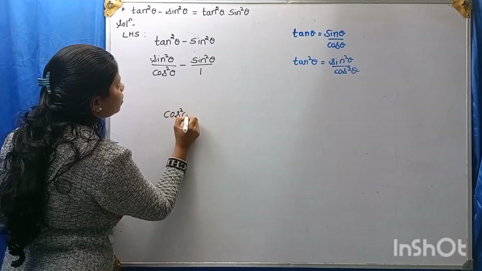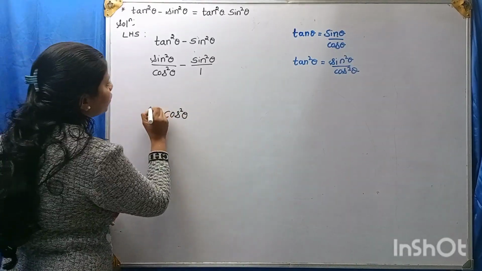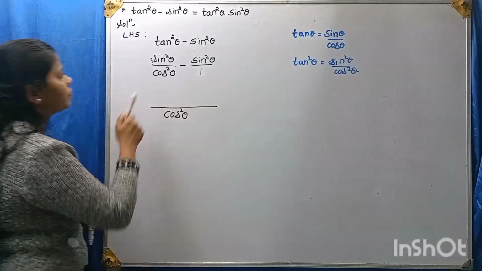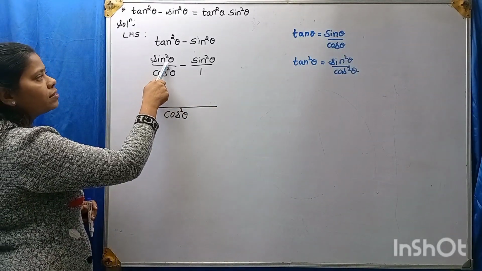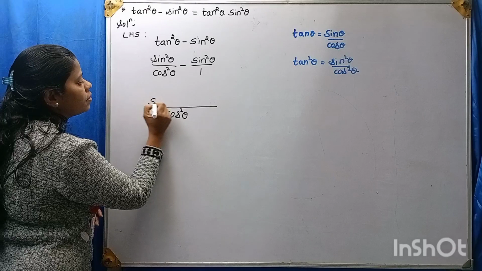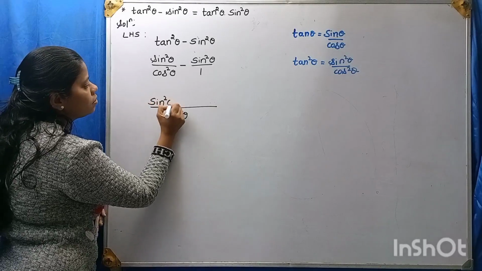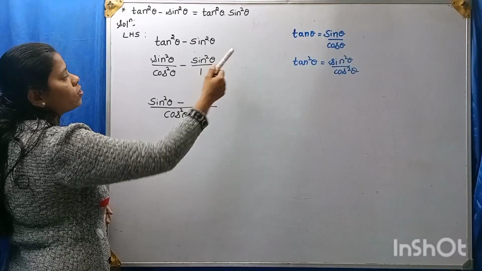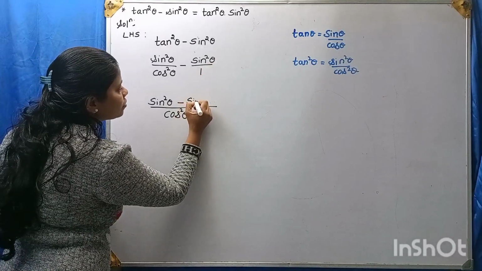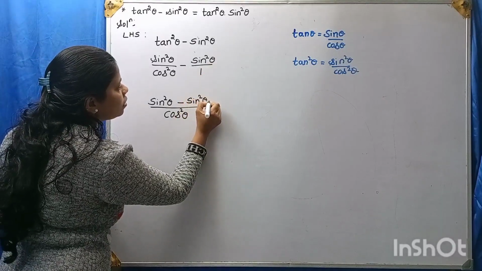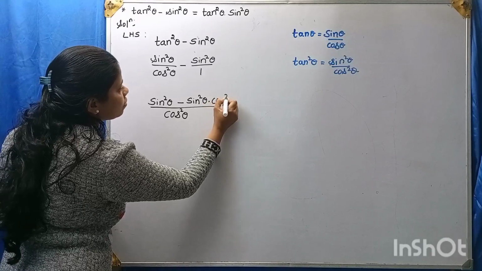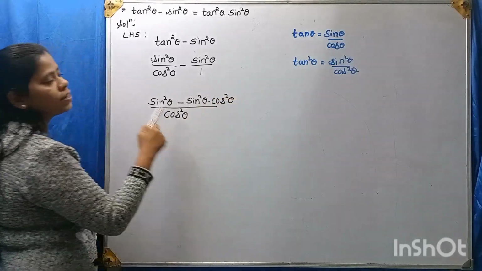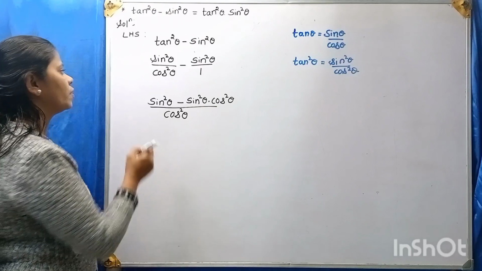Cos square theta is the LCM. Whole divided by, then what it will become? Sin square theta minus sin square theta into cos square theta, because cos square theta is the LCM. Okay.